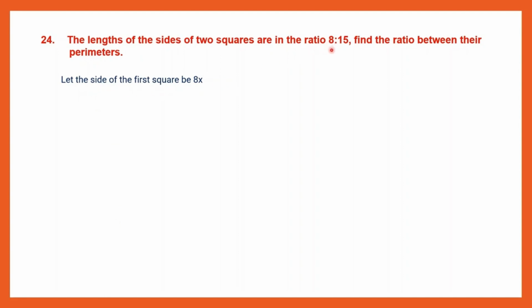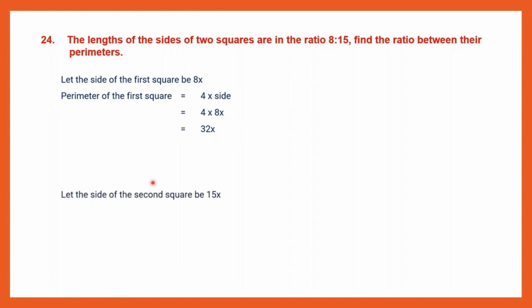Then perimeter of the first square, the formula is 4 into side, which is 4 into 8x. 4 8s are 32. So that becomes 32x. So we have found the perimeter of the first square to be 32x.